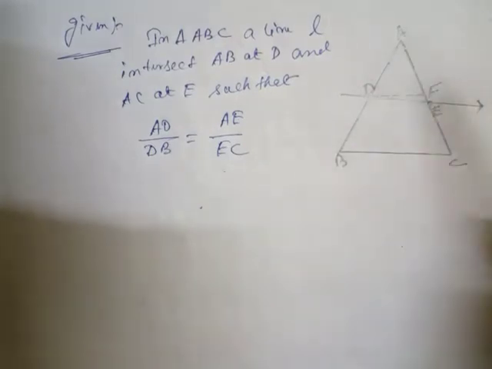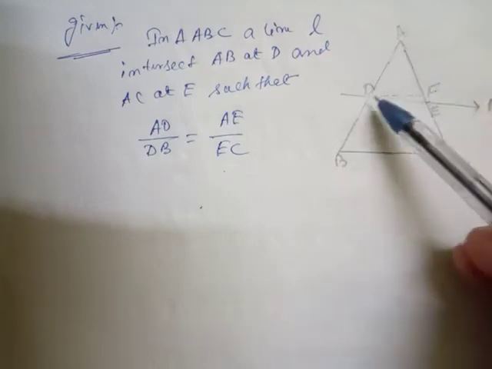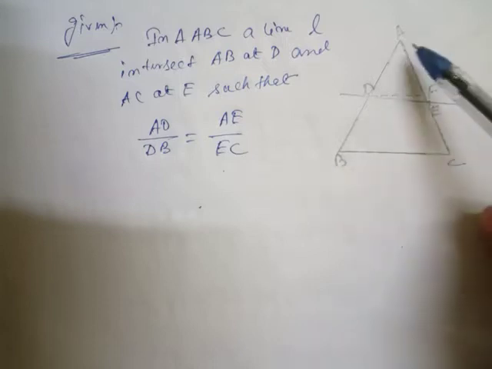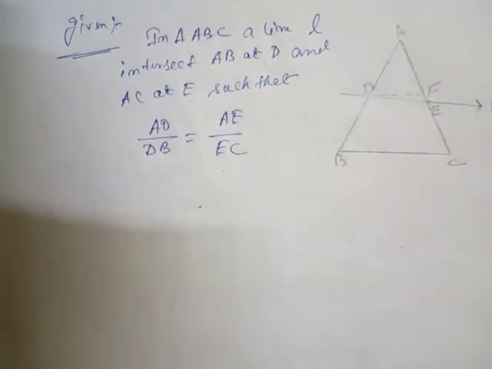In this triangle ABC, a line L intersects the sides AB and AC at the points D and E in such a way that AD by DB equals AE by EC. This is the given part.